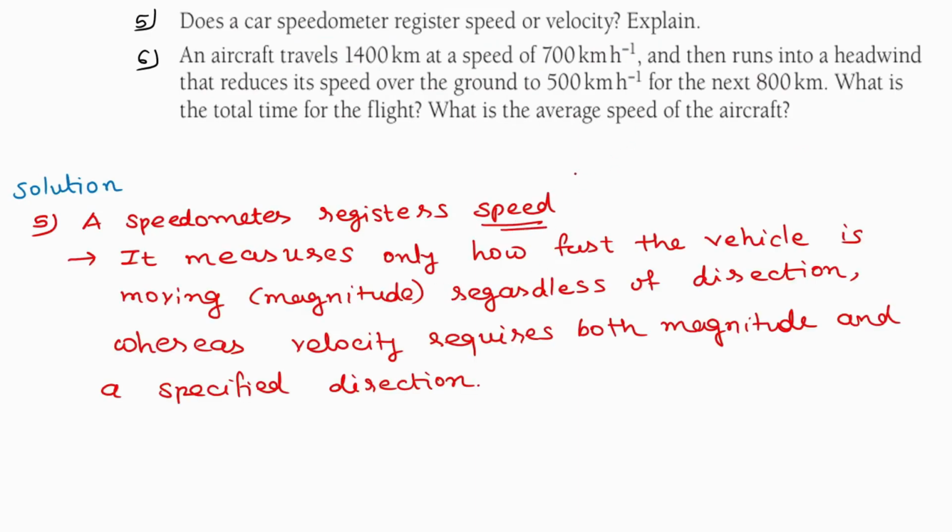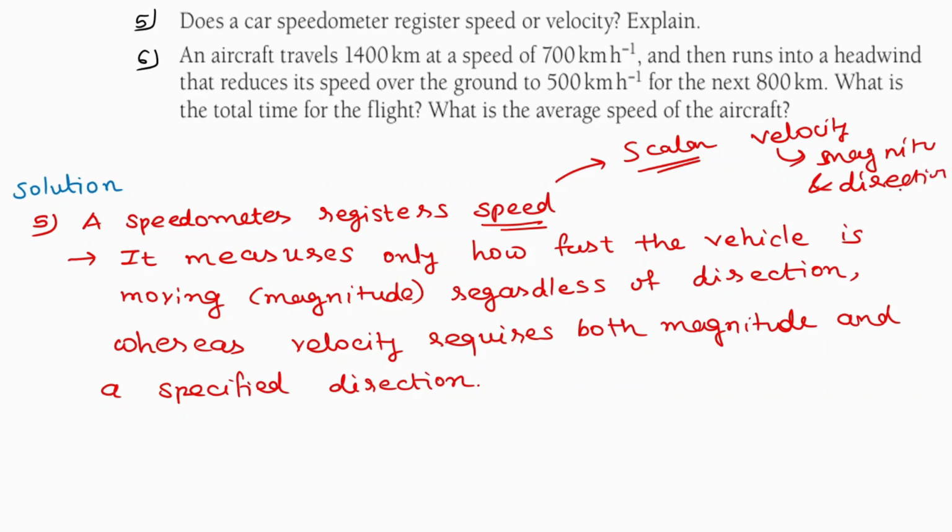As you know, speed is a scalar quantity, meaning it doesn't need any direction, okay. But on the other hand, velocity needs magnitude as well as direction. So we didn't have any direction in the speedometer.